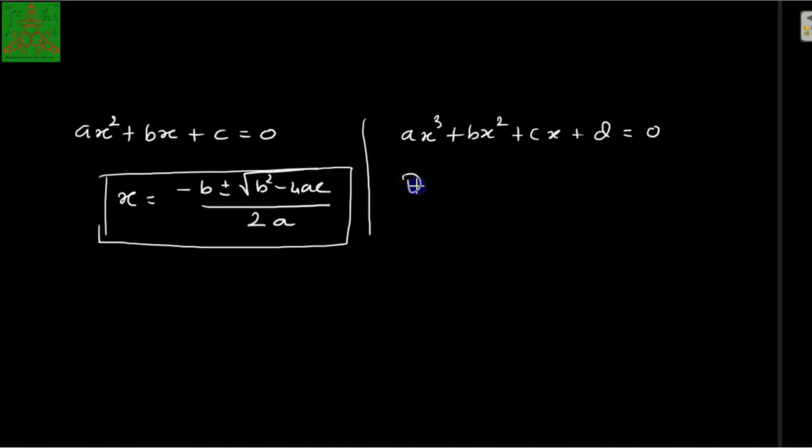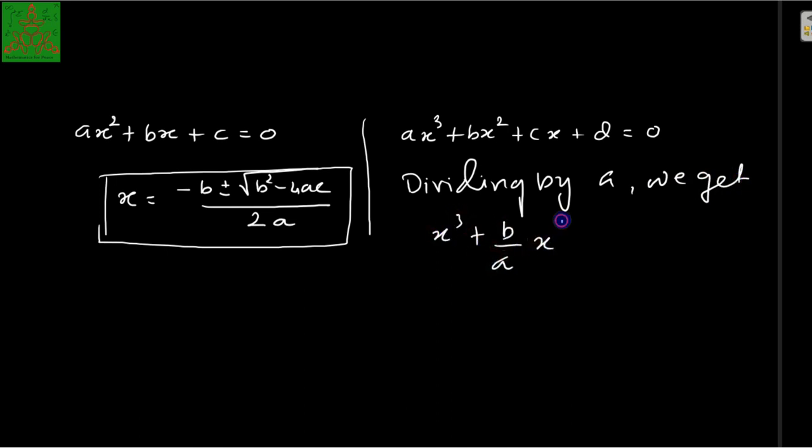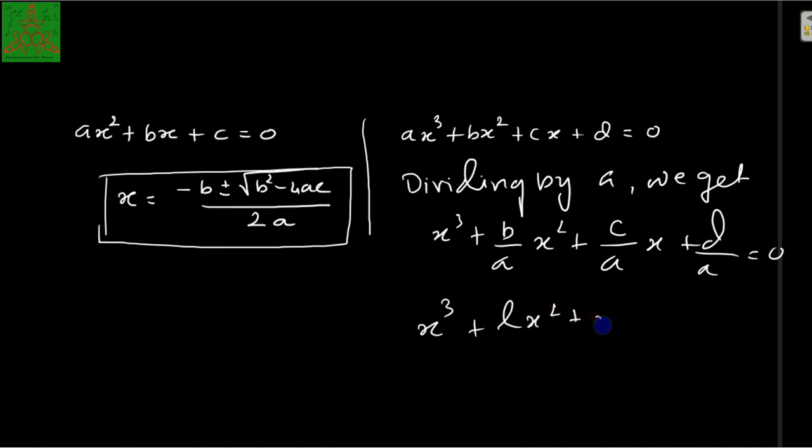So if I divide by a, we get x cube plus b by a x square plus c by a x plus d by a equal to 0. And I may write this as x cube plus l x square plus m x plus n equal to 0.